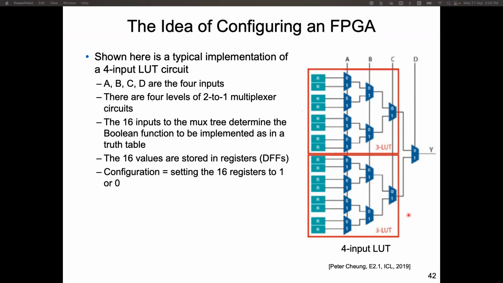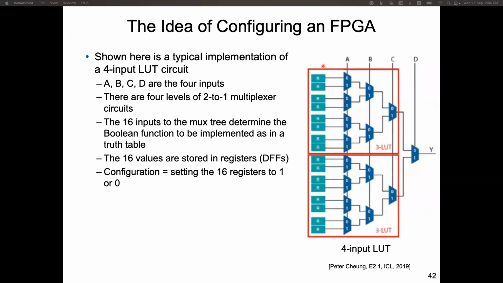But anyway, it has four inputs, A, B, C, D. This is like an address input to the memory.